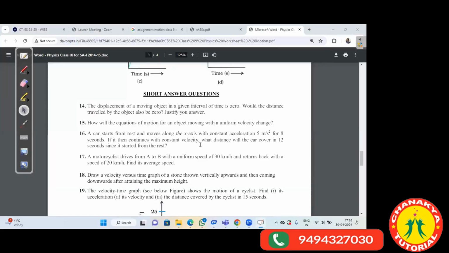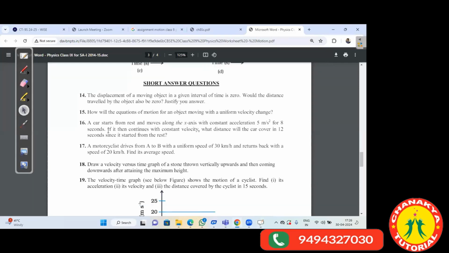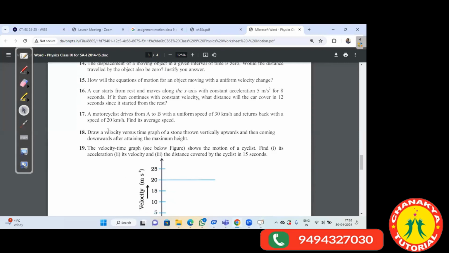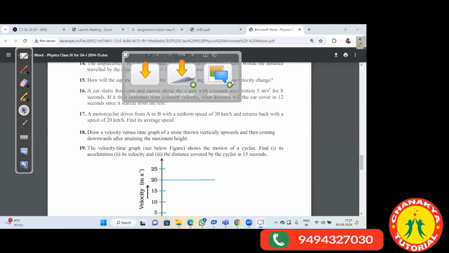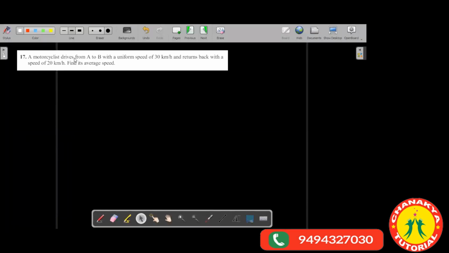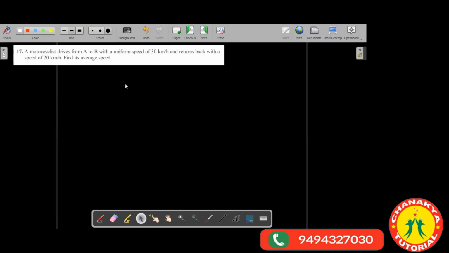Okay. Now let's see the next question here. So this one is a very simple one. Question number 17 is pretty simple. A motorcyclist drives from A to B with uniform speed of 30 km per hour and returns back with a speed of 20 km per hour.